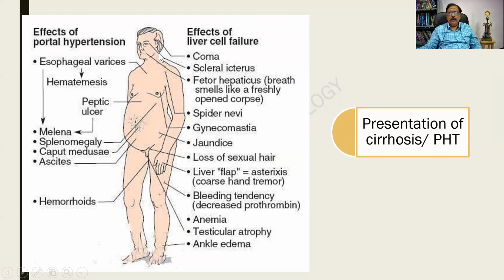So this particular one is of great importance. I think I'm doing a service to the students of medicine. Please go through the sites of portosystemic anastomosis, what is ascites as such, what are the effects of portal hypertension, and what are the effects of liver failure.